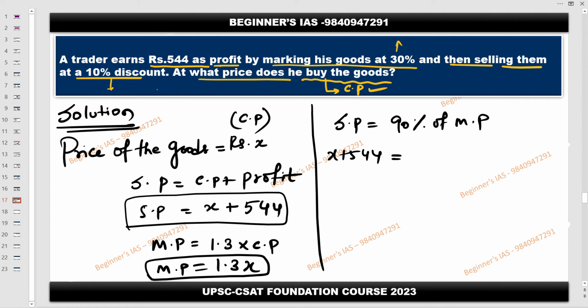So what is the 90% of MP? 90% is nothing but 0.9. Clear? Into what is the MP? MP is nothing but 1.3x. So therefore 1.3 into 0.9.